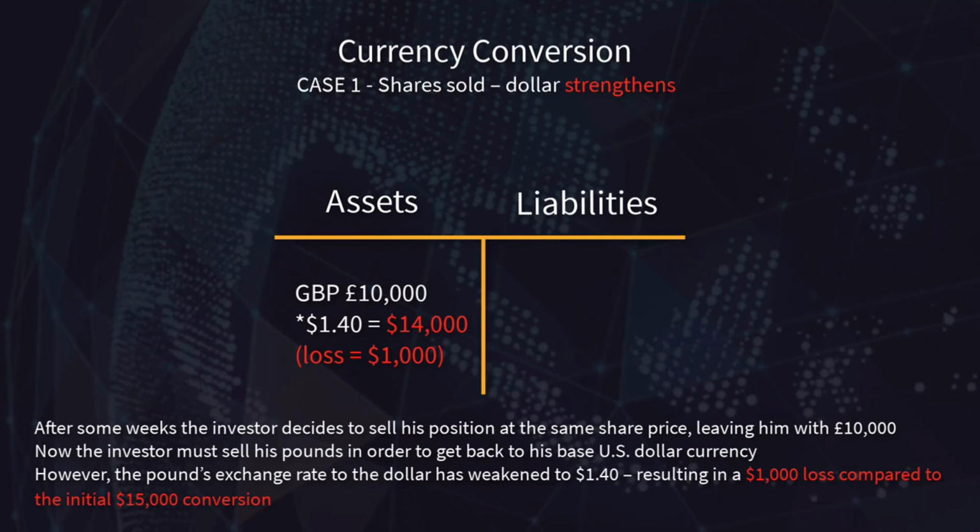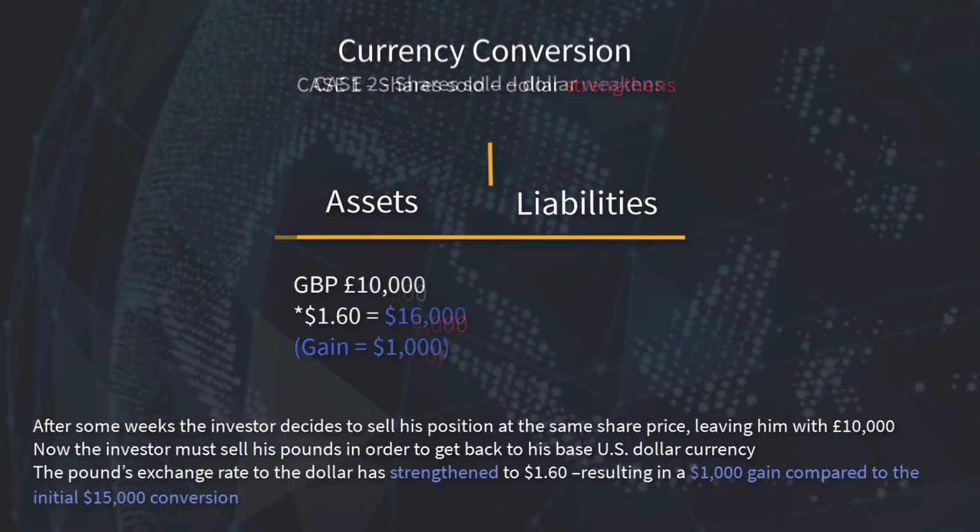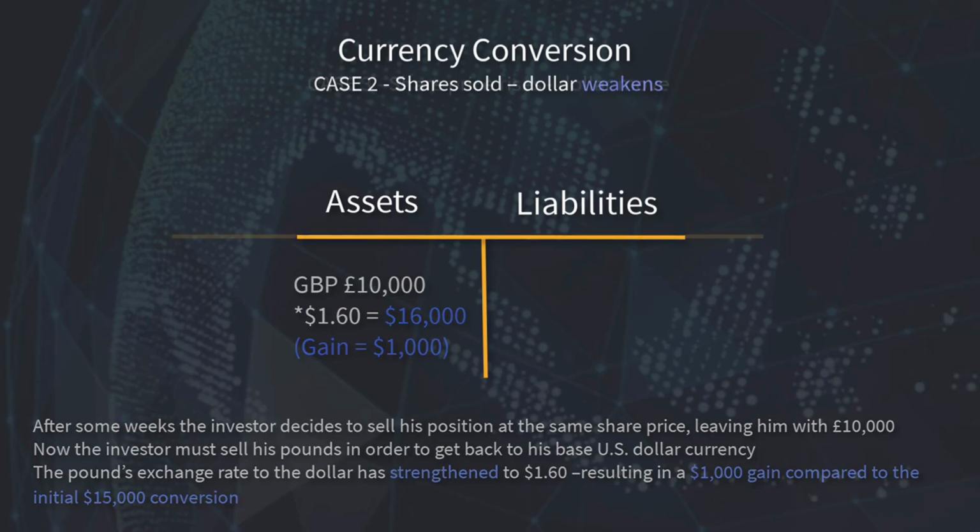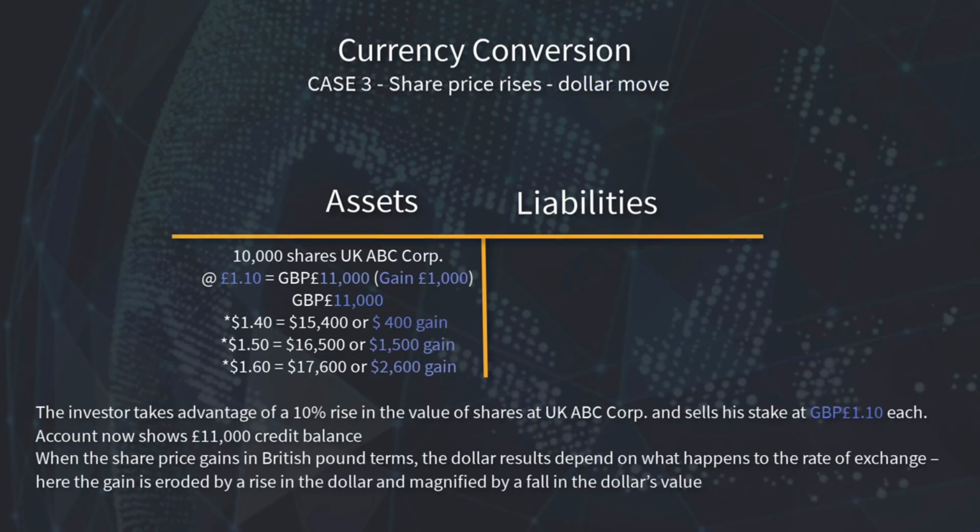Liquidating shares at £1 each and exchanging £10,000 at the rate of $1.40 yields $14,000 for a $1,000 loss. Currency conversion, case 2. In the second case, this time the pound strengthens relative to the dollar. £1 now buys $1.60. Multiplying £10,000 by the exchange rate now means the investor has a $1,000 gain when returning his cash to dollars.